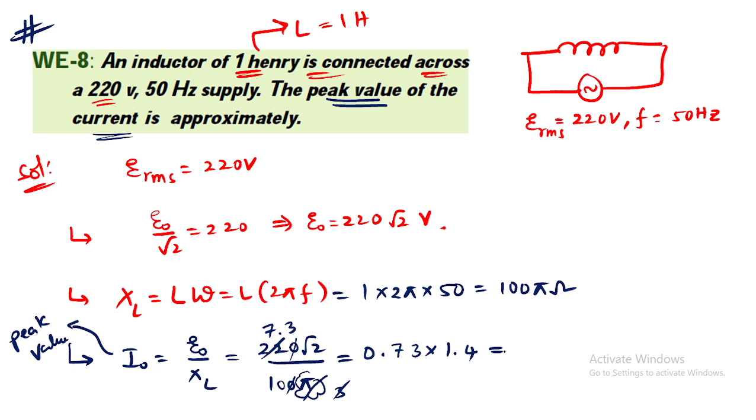How much, buddy? 0.932. Is it correct? Peak value, not RMS value. RMS value, not peak value.